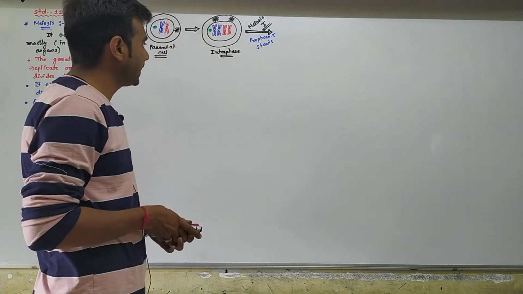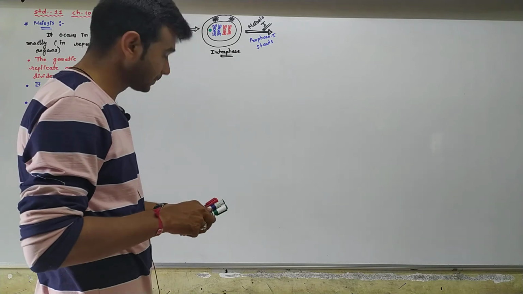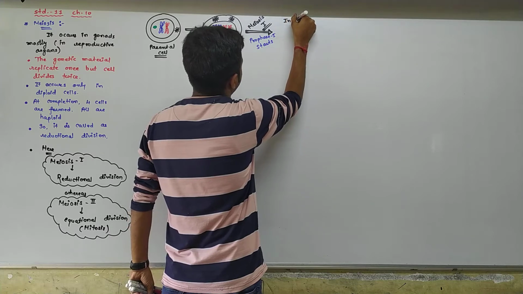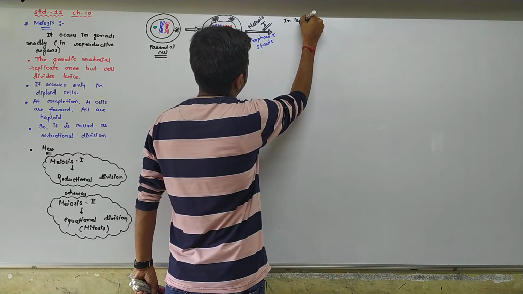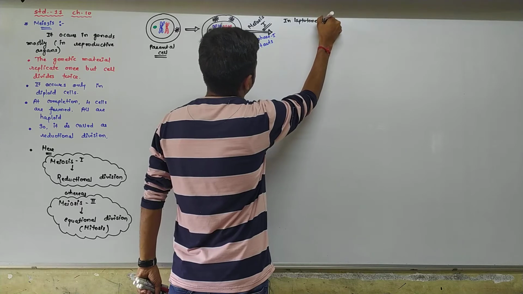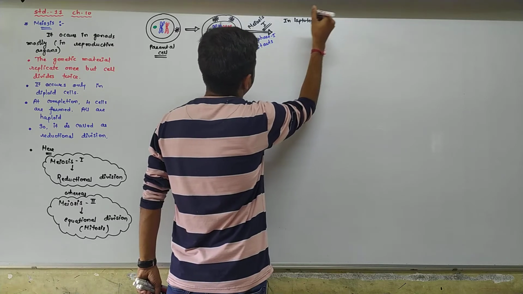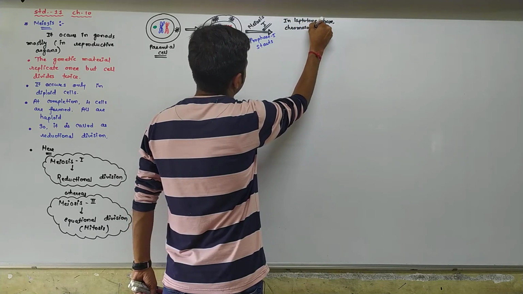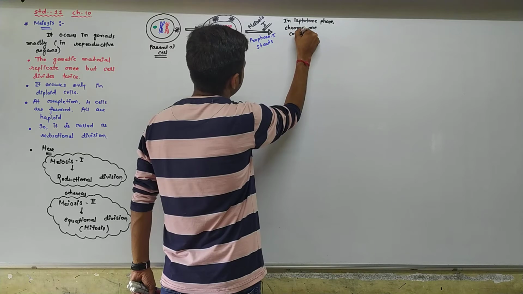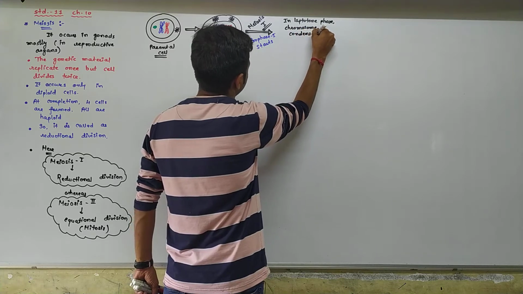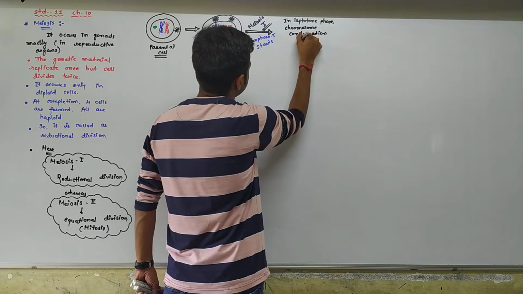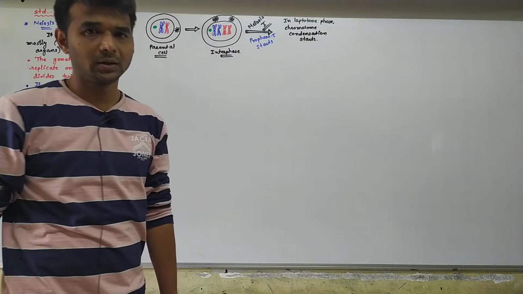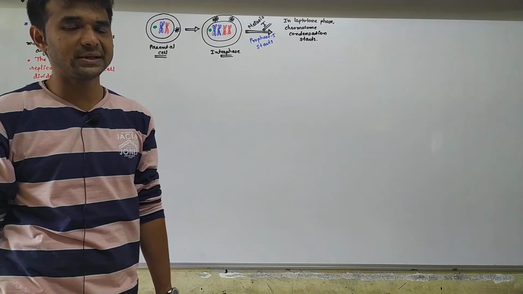So in the leptotene phase chromosome condensation starts.